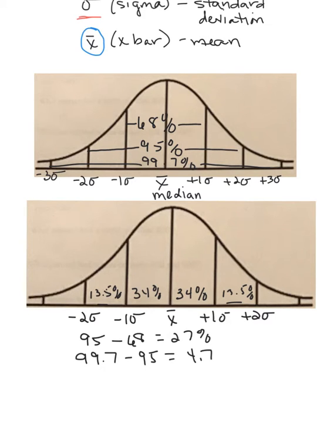That 4.7 is the total for both of these sections, but it has to be symmetric, so we're going to split that in half, which means that from the 2 to the 3 on each side must be 2.35% of the data.